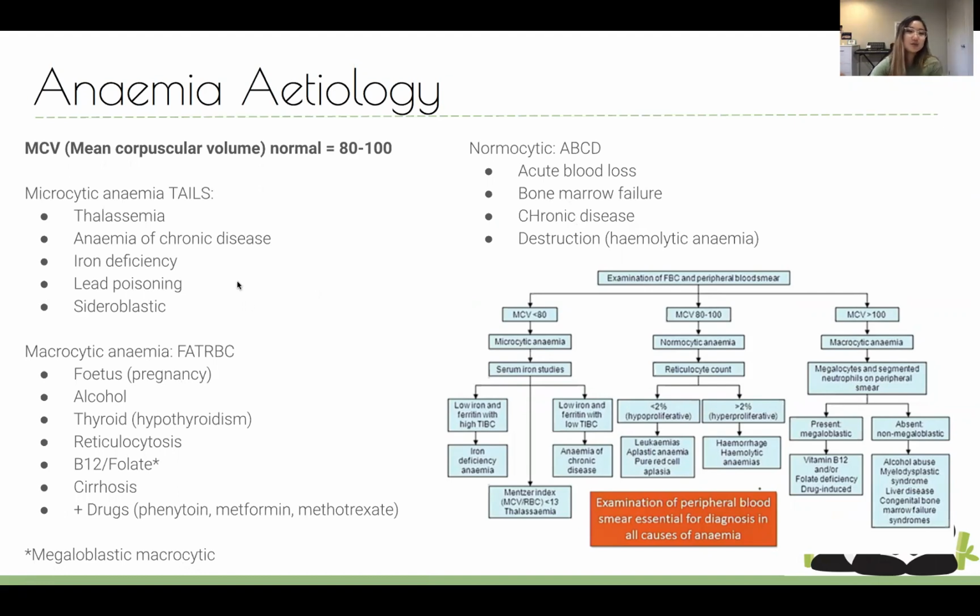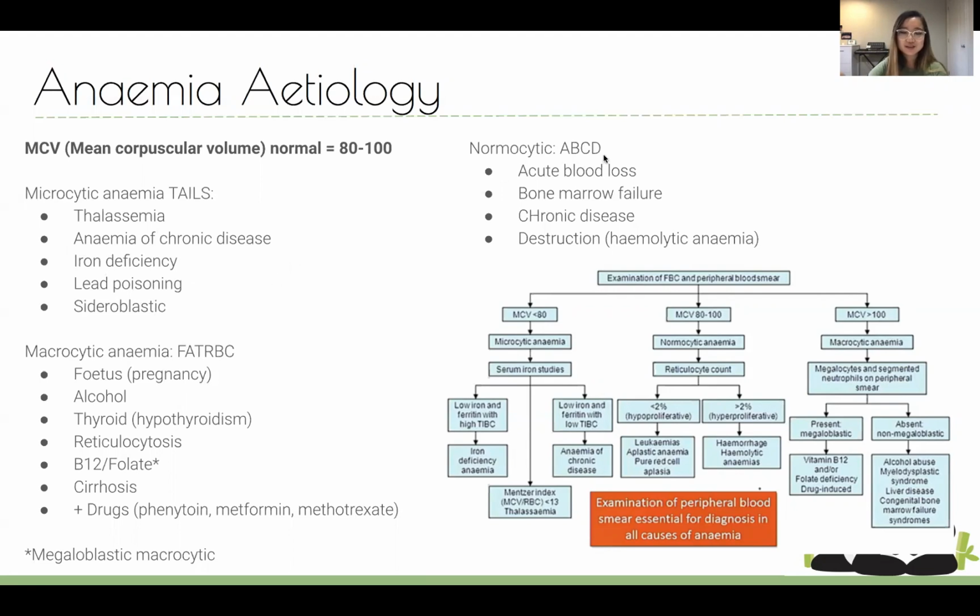So for the causes of microcytic anemia, you can use TAILS: thalassemia, anemia of chronic disease, iron deficiency, lead poisoning, sideroblastic. Another way you might remember this is that thalassemia is when you don't have enough hemoglobin, so it's going to make your red blood cells smaller. And iron is also in your hemoglobin, so it's going to make your red blood cells smaller.